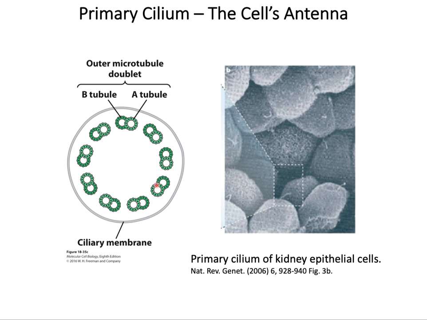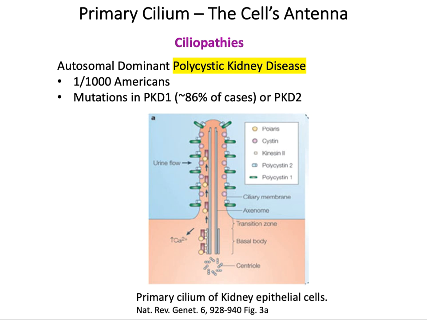It is the part of the structure that holds the whole thing together. This is a scanning electron micrograph of kidney epithelial cells, and you can see the primary cilium on some of these cells. And again, in this case of kidney epithelial cells, the primary cilium senses the flow of liquid or urine by sensing the angle by which the liquid flow is bending them.